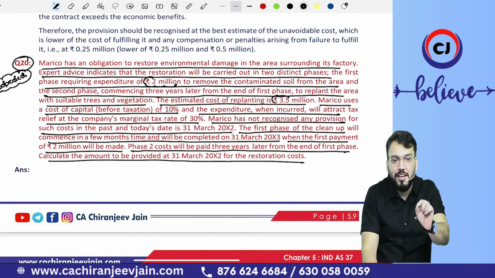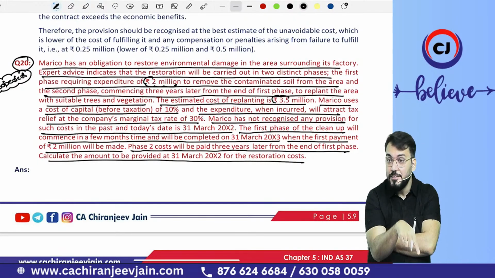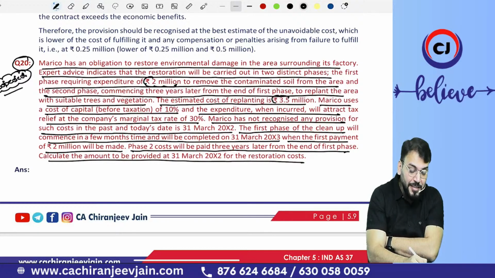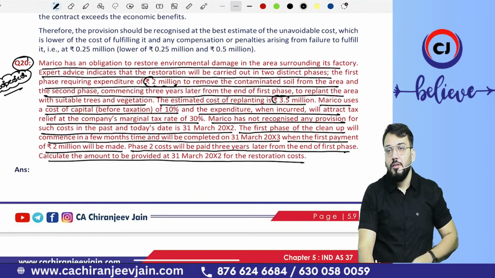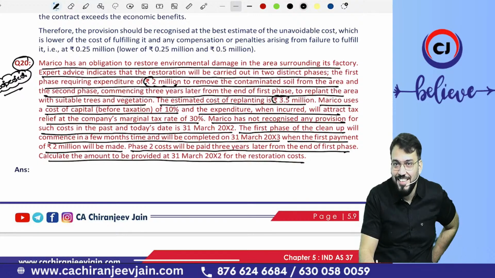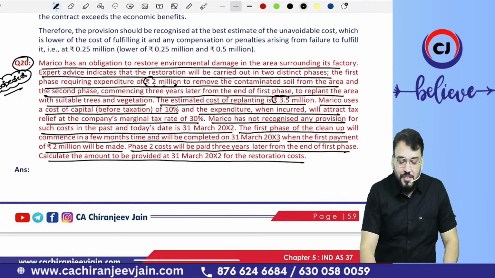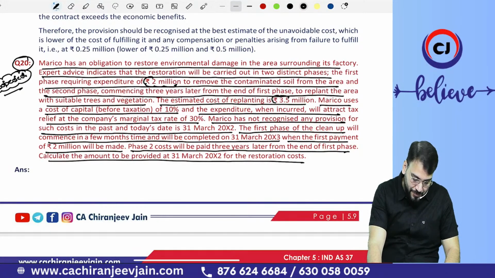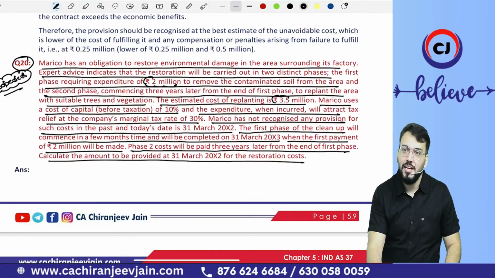Don't see the answer. Calculate the amount. Right now, pass. Suppose the same question comes in exam. I said expected, means I am writing an expected question in exam. I am assuming that you know present value. Calculated?